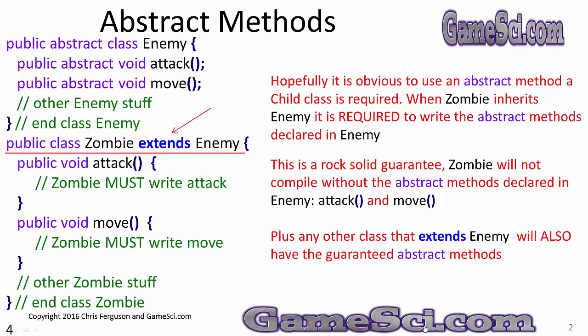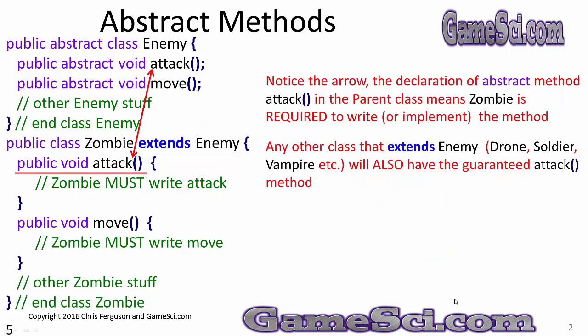Plus any other class that extends enemy will also have these guaranteed abstract methods. If shark extends enemy, then shark will have an attack and shark will have a move method. It is a requirement for all child classes to implement the abstract methods.